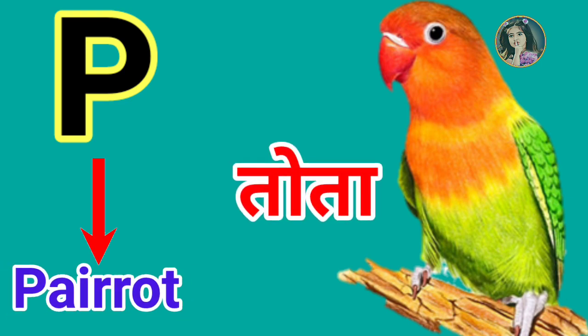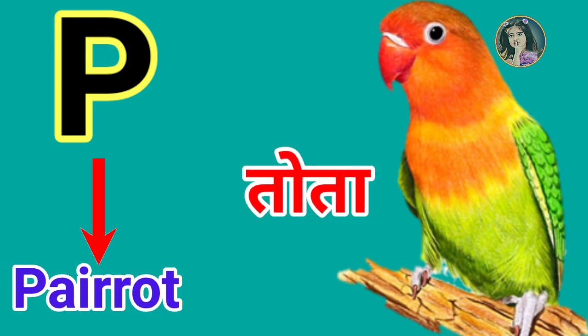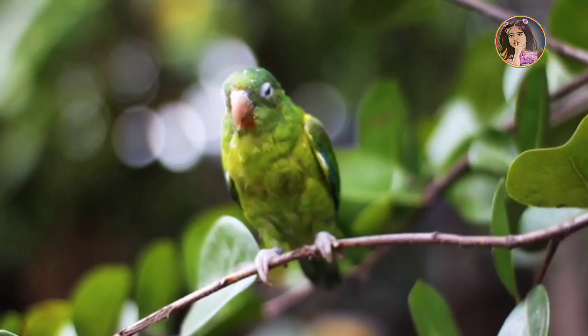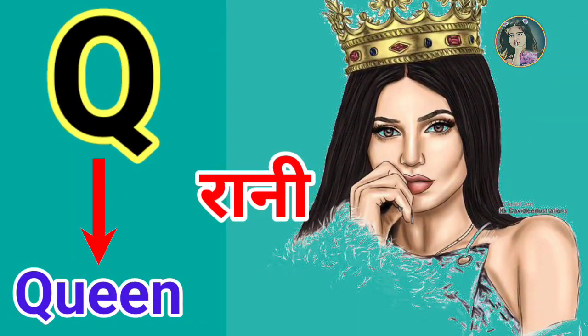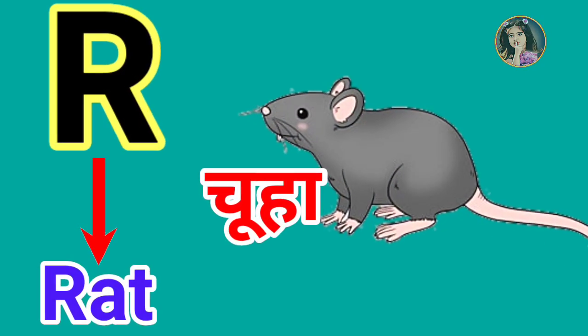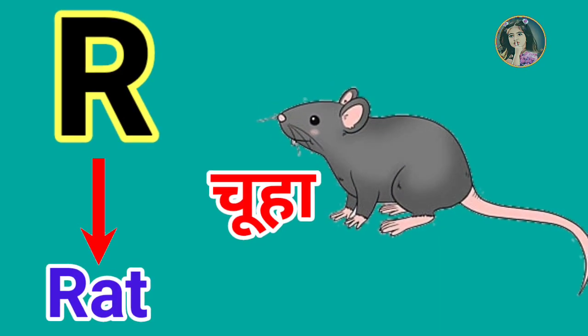P for parrot. Parrot means tota. Q for queen. Queen means Rani. R for rat.